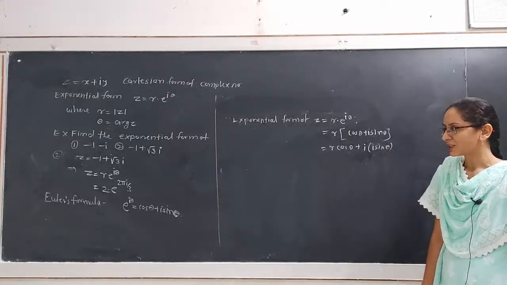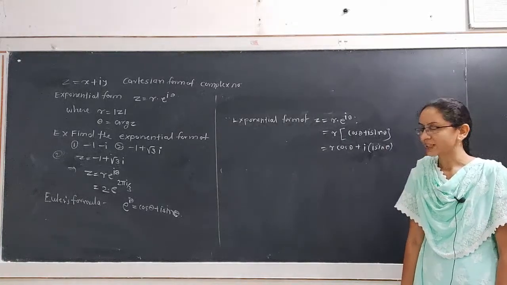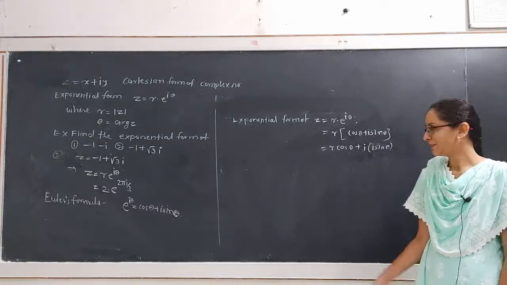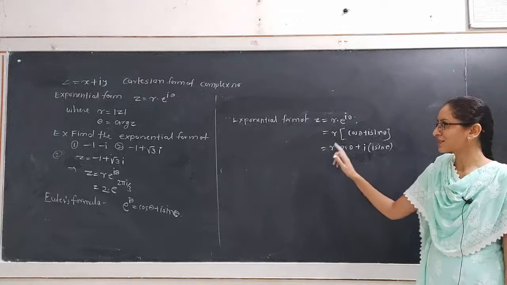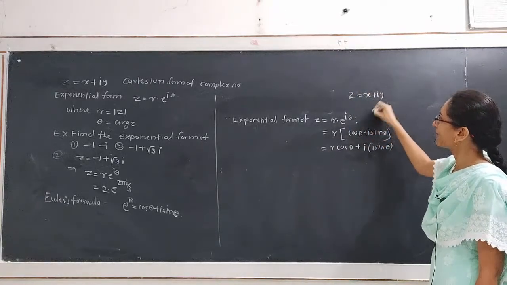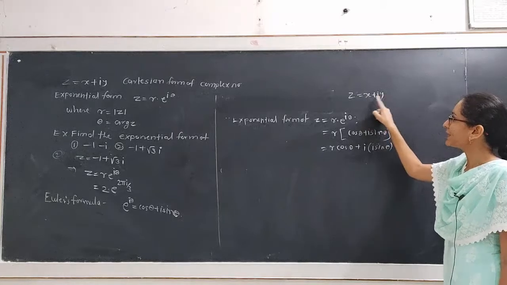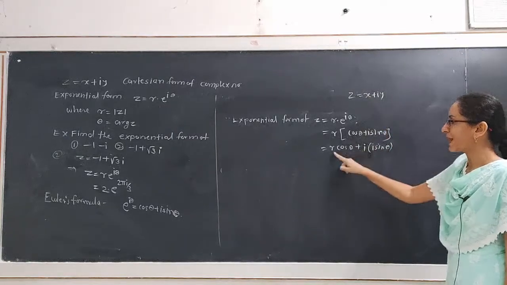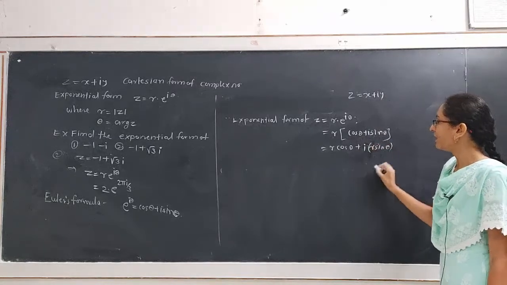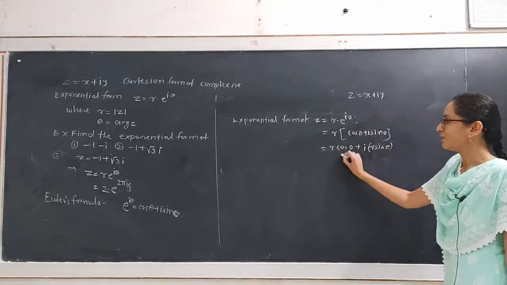The parametric equations for a circle are x is equal to r cos theta and y equal to r sin theta. What is the Cartesian form of a complex number? x plus iy. If we replace x and y using the parametric equations for the circle, x is equal to r cos theta and y is equal to r sin theta, then we get this form.